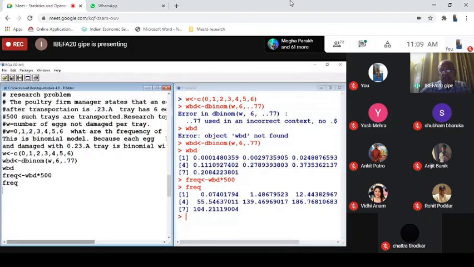One not damaged, these many trays. 2 not damaged, these many trays. 3 not damaged, these many trays, and so on. So this represents frequency of trays. I can plot a graph.